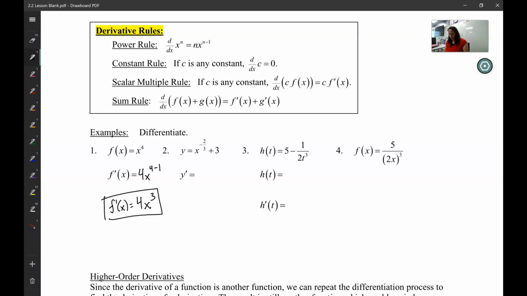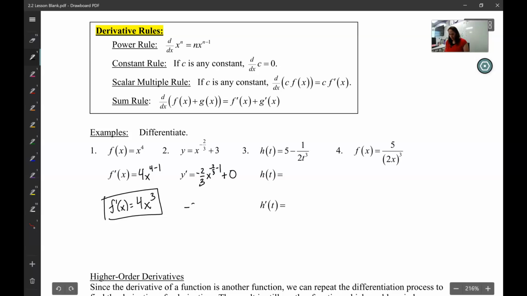So I'm going to take the derivative of the first one, put the number in front, and then take the exponent, do the number minus 1. And I want to take the derivative of this constant, because they're adding, so I can take the derivative separately. Well, if I take the derivative of a constant, that's my constant rule. It's going to be 0.